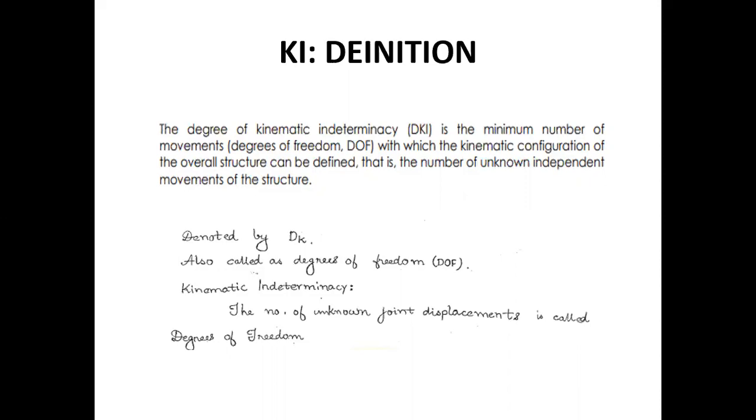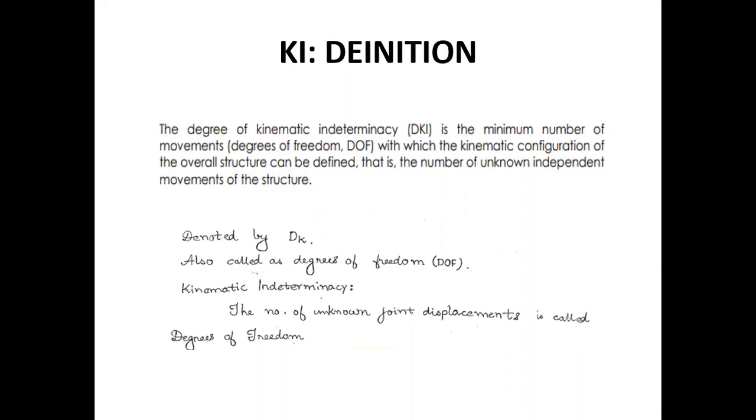That is the number of unknown independent movements of a structure. So basically, kinematic indeterminacy is the number of ways a structure can move, respond, or freely move. So it can simply be called the degree of freedom.